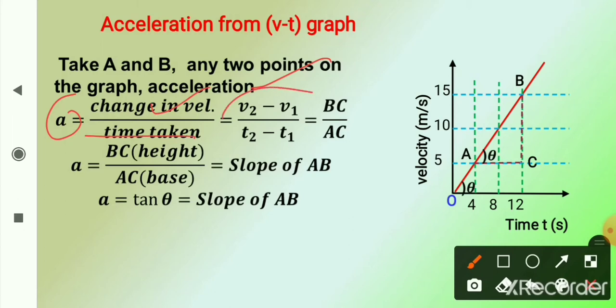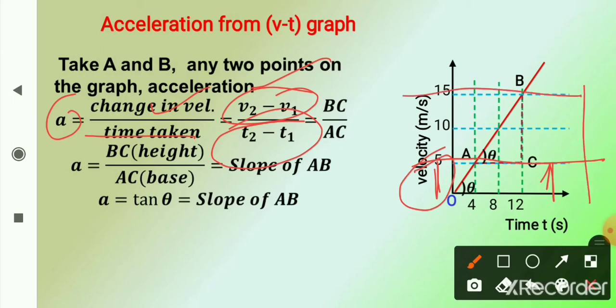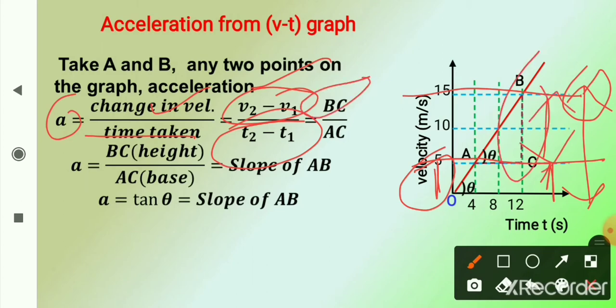Now change in velocity is v2 minus v1, final velocity minus initial velocity. Time taken is final time minus initial time. And if you look at it from here, this is the initial velocity 5, the final velocity is 15, and the change in velocity is this one, BC. So change in velocity is BC, and change in time is equal to AC.